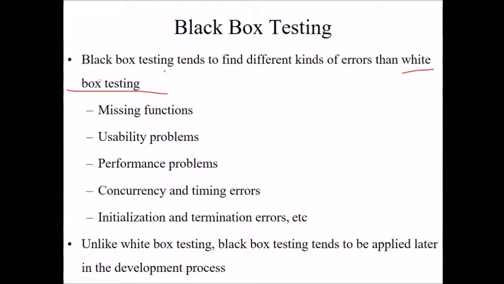So what black box testing does is it finds missing functions, usability problems, performance problems, concurrency and timing errors, initialization and termination errors, etc. Unlike white box testing, black box testing tends to be applied later in the development process. While in the case of white box testing, the developer himself or the developers themselves do the white box testing at a unit level.